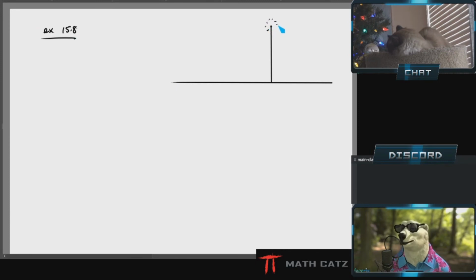There is my lamppost. There is the light of the lamppost. It is shining. I am standing, let's say, over here. I am looking at the light. It's making an angle. Oof, that is not horizontal. I apologize.